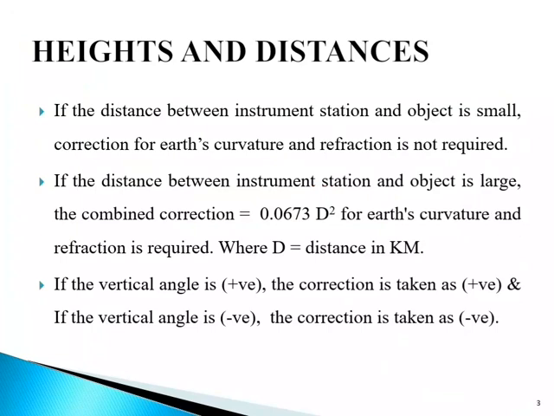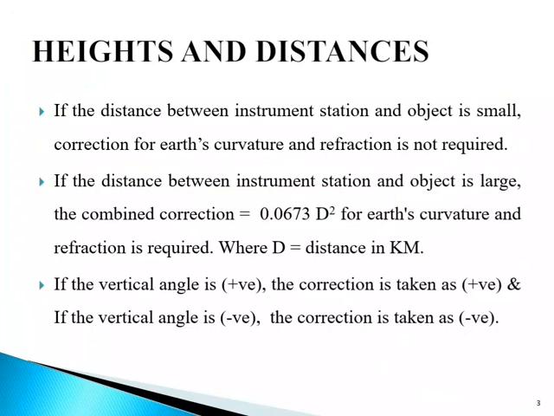Next is heights and distances. In this case, depending upon the horizontal distance between the station and the object, it can be divided into the following cases. If the distance between instrument station and object is small, correction for earth curvature and refraction is not required.